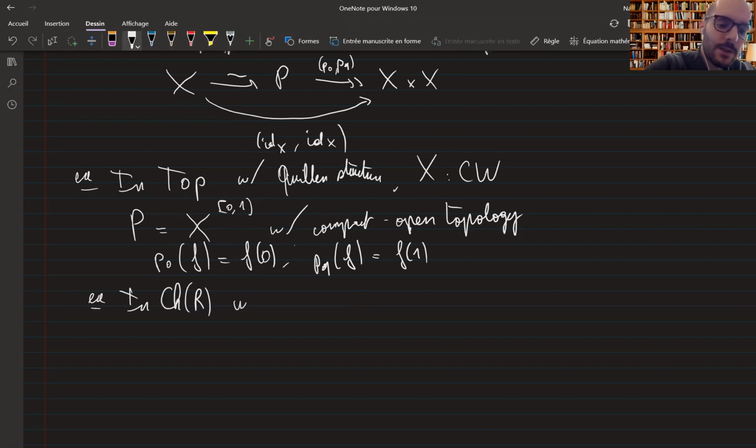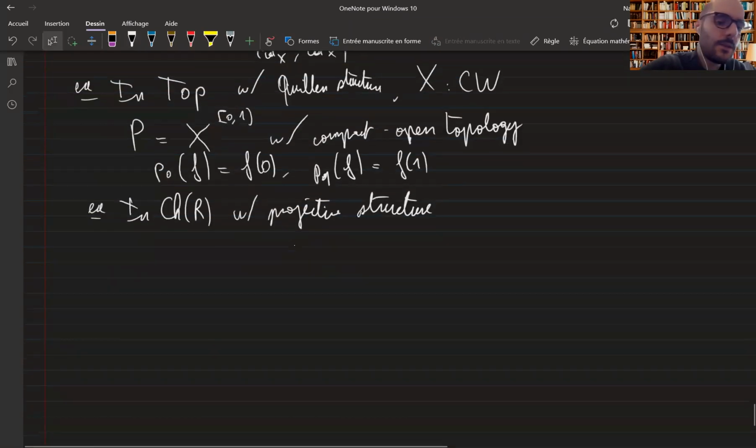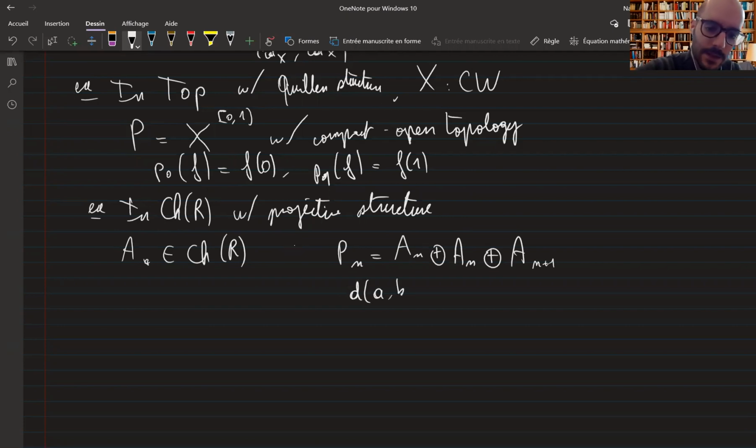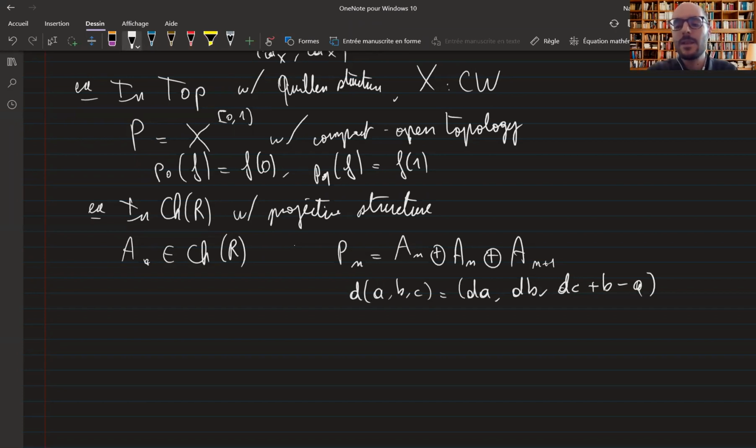Also in Ch of R with the projective structure, let's say A star is in Ch of R. Then you can take a path object by P_n is A_n plus A_n plus A_{n+1}, and d of (a, b, c) is (da, db, dc plus b minus a), maybe with some sign somewhere.